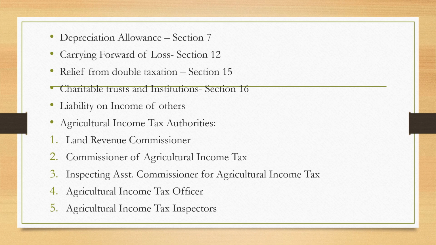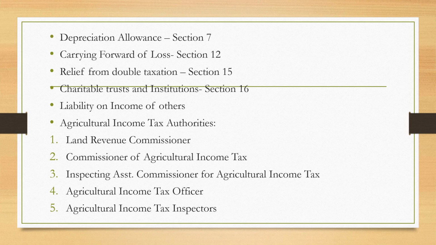So, the total agriculture income of any charitable trust does not include any agriculture income derived from property held under the trust wholly for charitable or religious purposes, to the extent to which such income is applied to such purposes in the state, and where any income is accumulated or set apart for the application of such purposes in the state, to the extent to which the income so accumulated or set apart is not in excess of 25% of the agriculture income from such property.